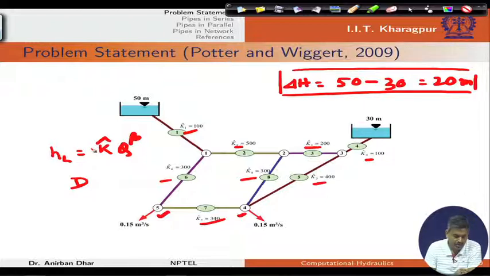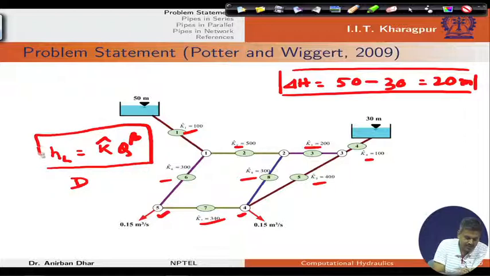So, we can easily incorporate that using this simplified expression, and K is a physical parameter, because it has different values depending on the nature of the pipe and the type of material.